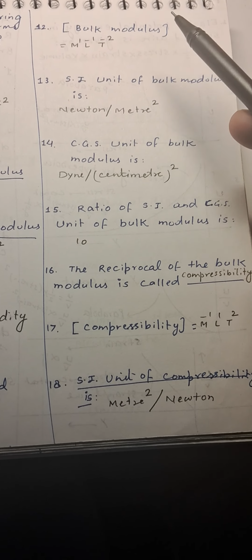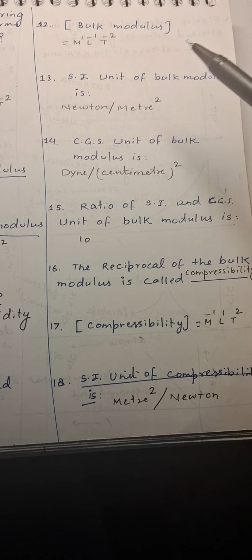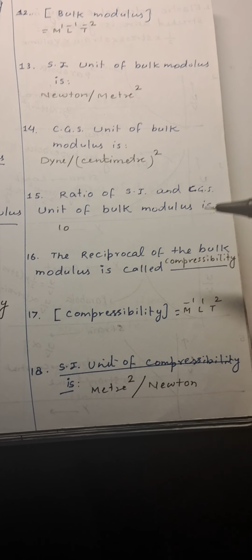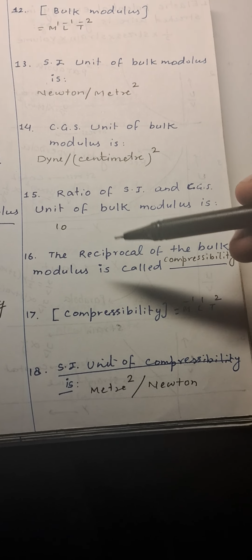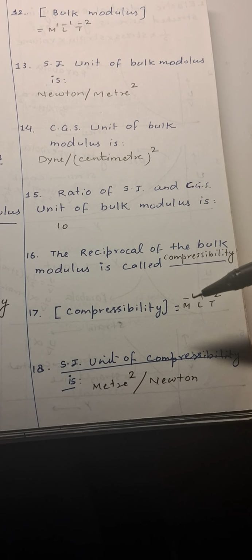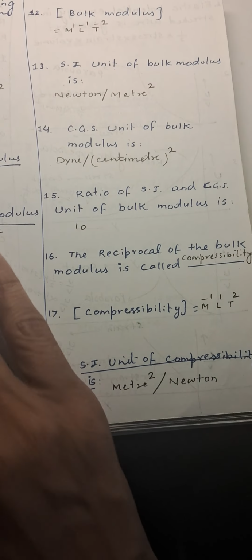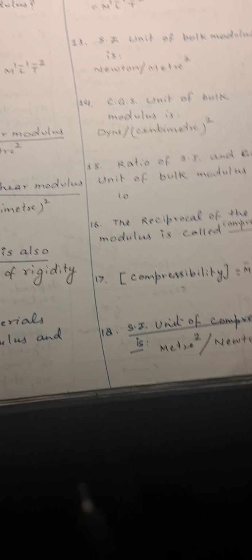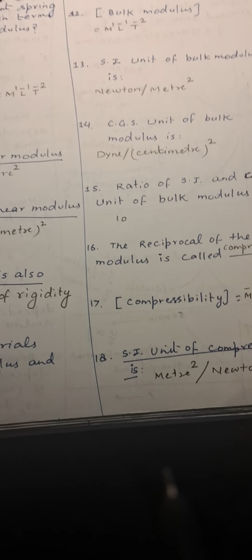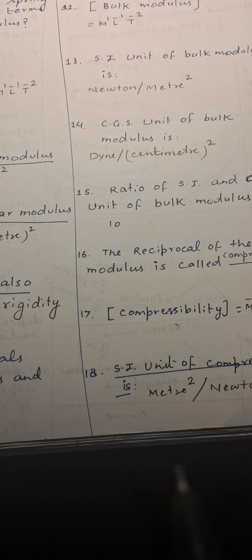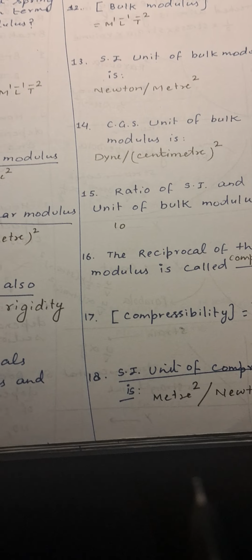Then some results based on dimension of bulk modulus, SI unit, CGS unit, ratio, reciprocal of bulk modulus, compressibility unit. So this is the basic level worksheet needed to make sure that you have mastered the basic concepts, the basic facts, the terms related to the topic.